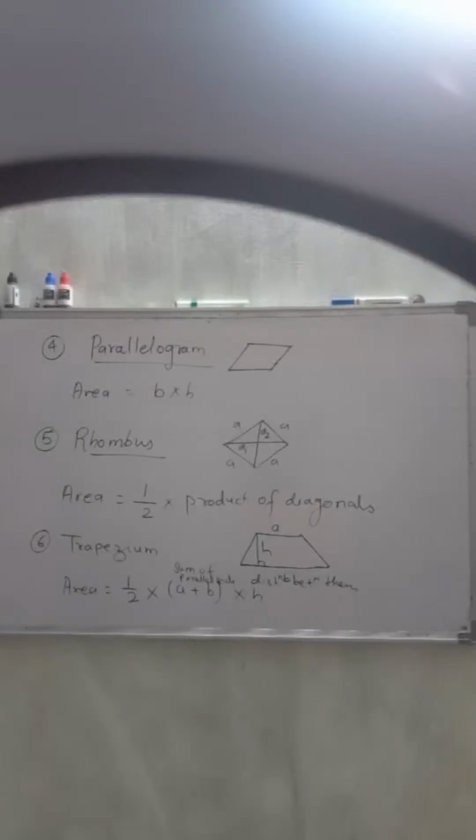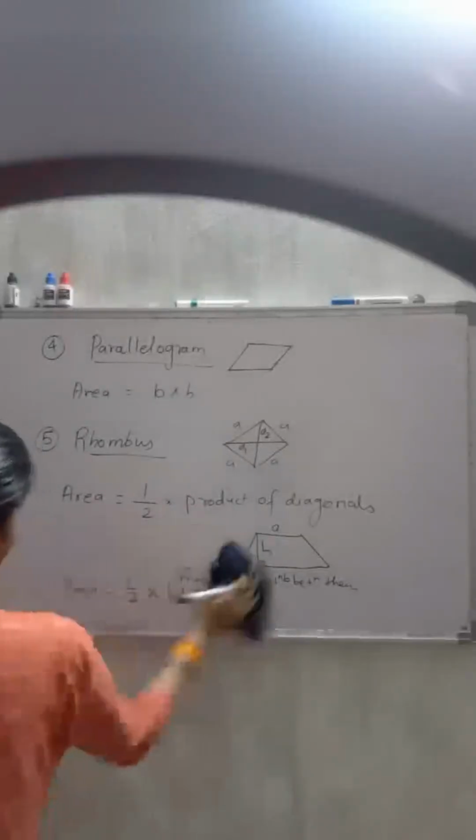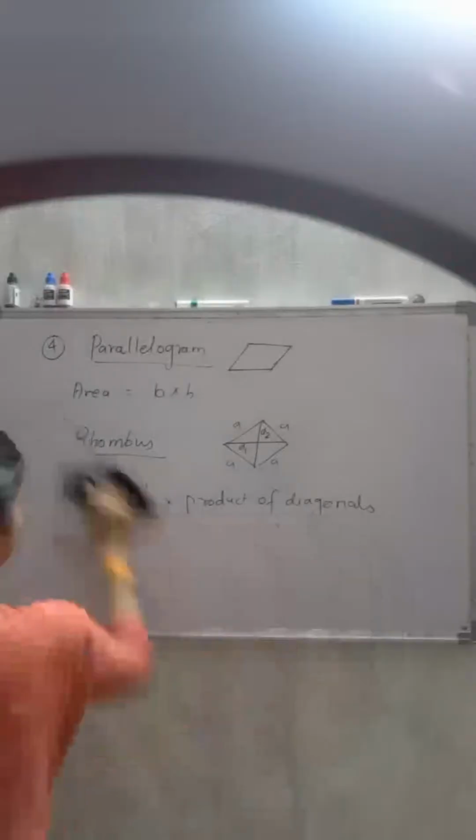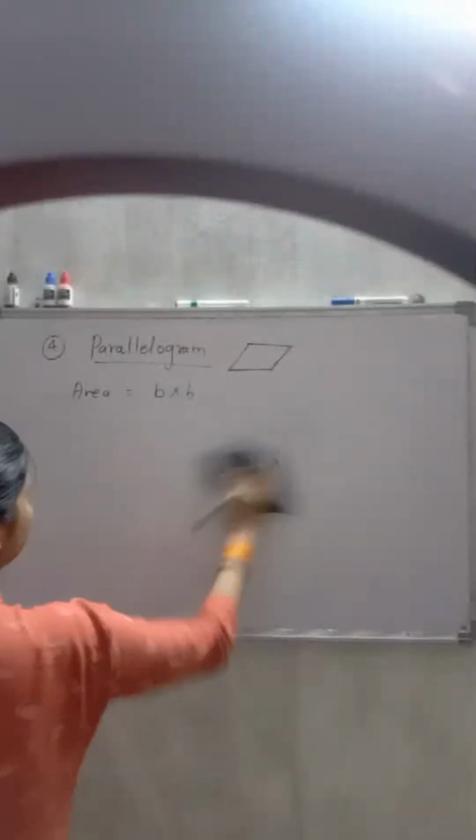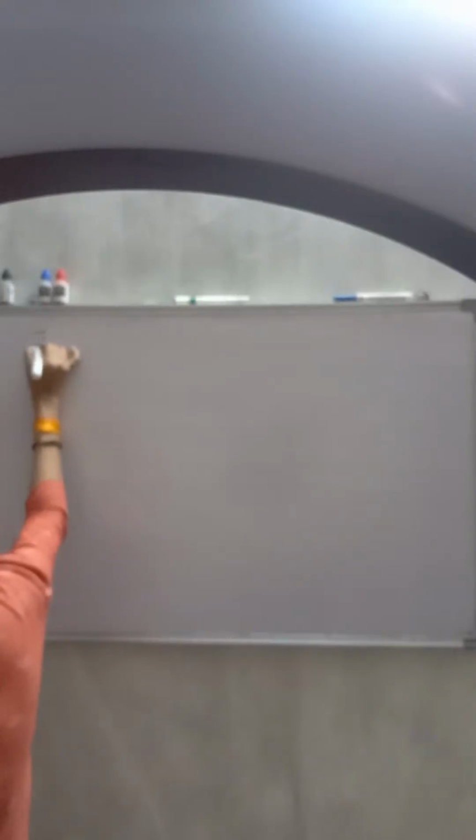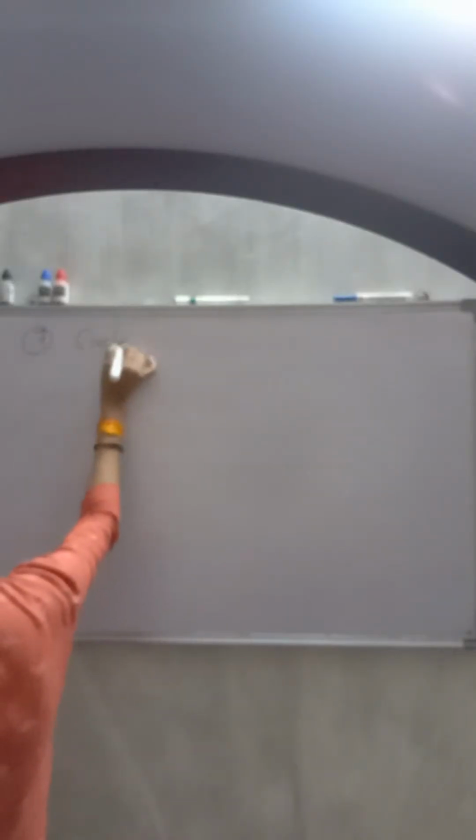Next we will see the circle. Area of circle. Seventh one is circle.